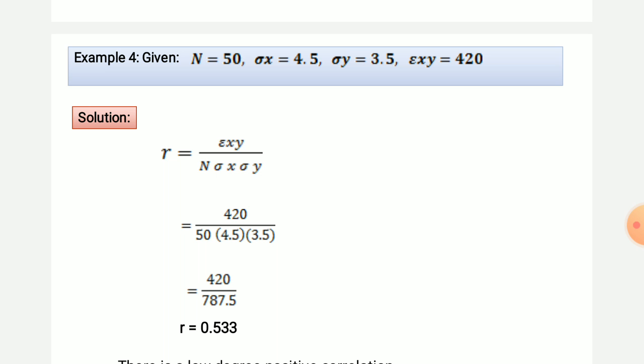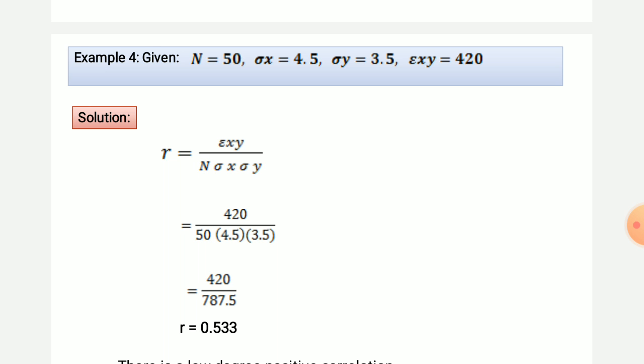When these values are given, we can apply the formula R is equal to sigma xy by root n into sigma x into sigma y. So sigma xy 420 divided by n, the number of observations 50, into standard deviation for x, 4.5, into standard deviation for y, 3.5.